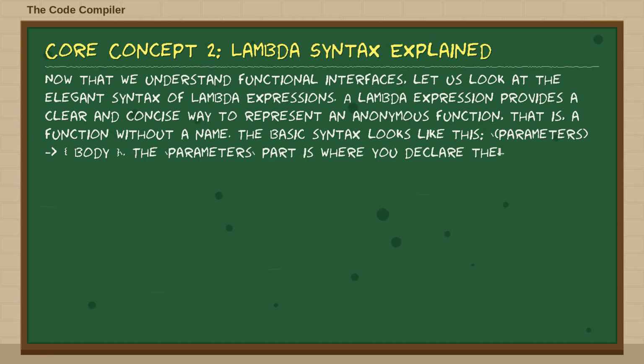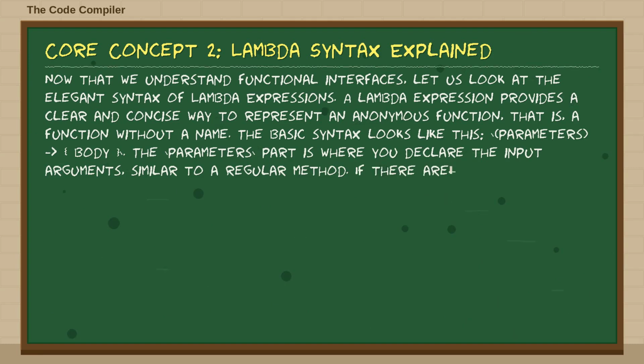The parameters part is where you declare the input arguments, similar to a regular method. If there are no parameters, you use empty parentheses. If there is only one parameter, you can even omit the parentheses. The dash and arrow is called the lambda operator or arrow operator, and it separates the parameters from the body.